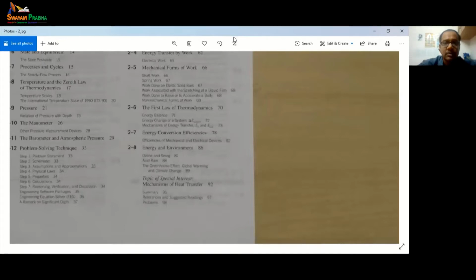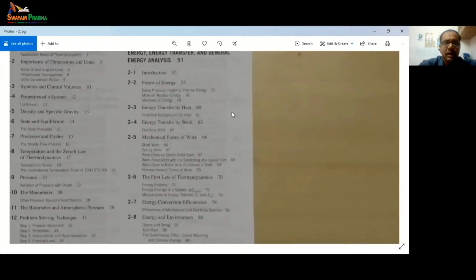So that is the chapter, and this is a tutorial session, so I will assume that you have covered the chapter, learned the concepts, and learned all the formulae to calculate different things. Here we are going to apply all those concepts.